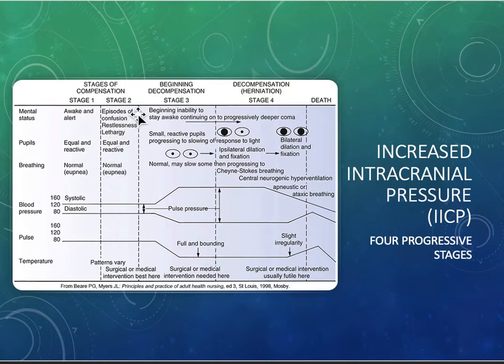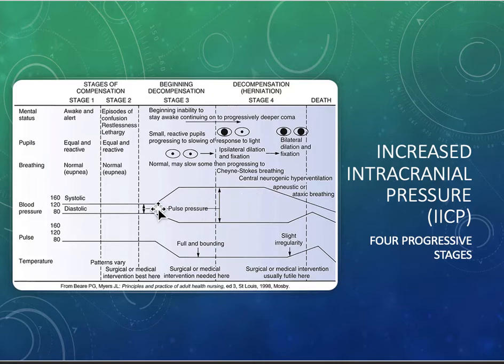Now, after that, though, now we really have a problem, right? So we need to stop it while it's here. In stage 3, at this point, they are very difficult to arouse and eventually go into a deeper and deeper coma. At this point, maybe our pupils are starting to change here. Okay, maybe our breathing is starting to change.